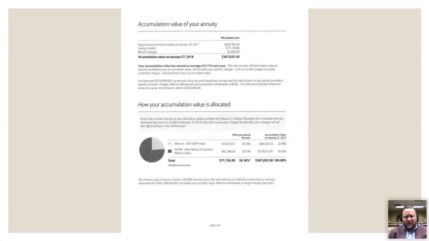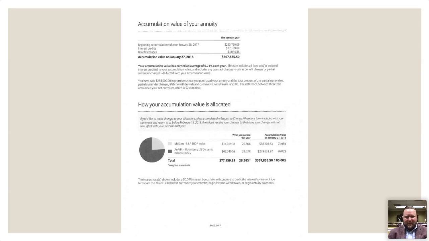If you don't own an Allianz 360, there's a few other products that have an income benefit charge, but I would say 90% of the ones that we use don't have the income benefit charge. But I wanted to show you one that does have it so I could explain what it's for. So if you see a benefit charge on an annuity statement, it's because it's providing you with some type of benefit.